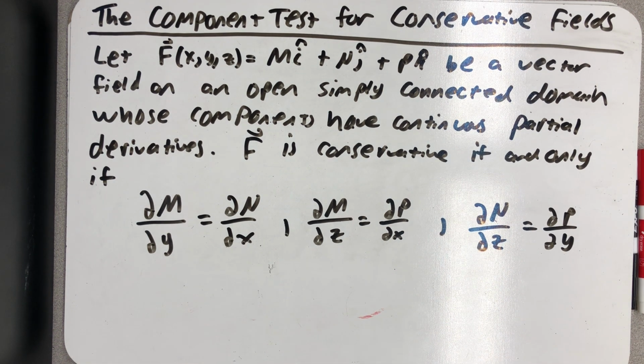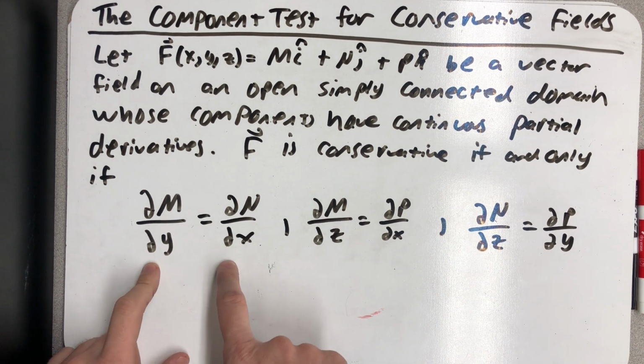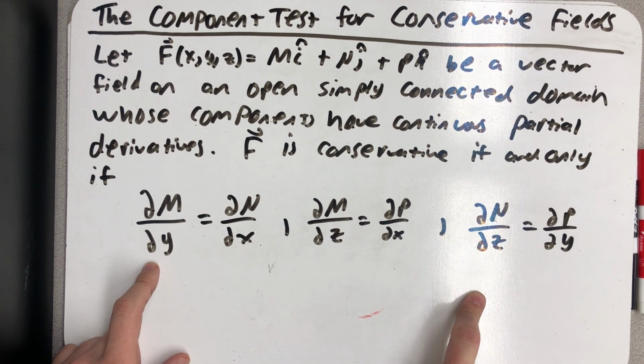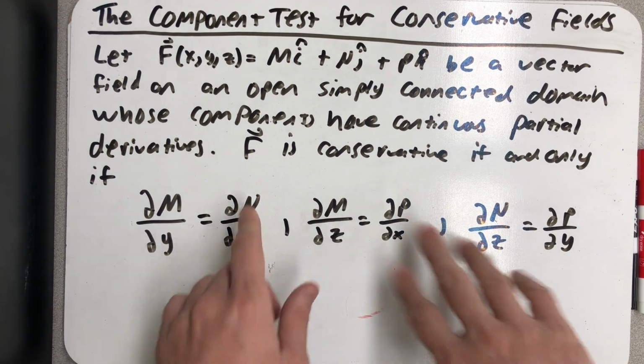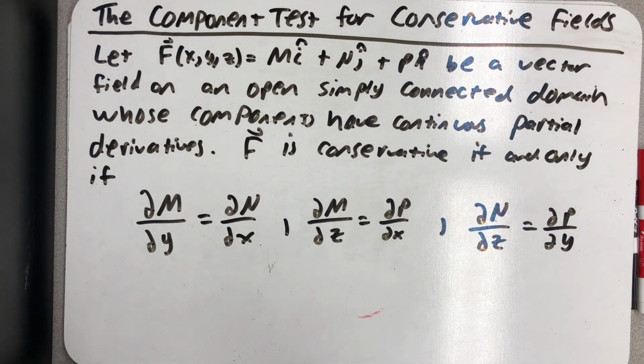The idea being that I can show you that if f is conservative, then these statements hold. So I'm going to show you that if f is conservative, then these three things are true. To prove the other direction requires a statement known as Stokes Theorem.